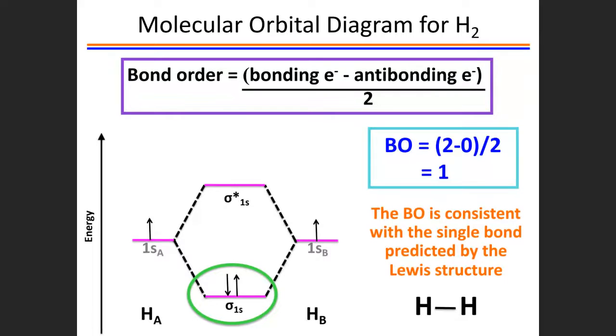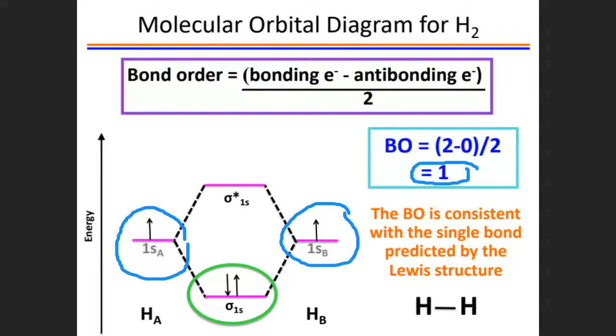We have no anti-bonding electrons in that case. So 2 minus 0, divided by 2, equals bond order 1. The bond order is consistent with the single bond predicted by the Lewis structure.